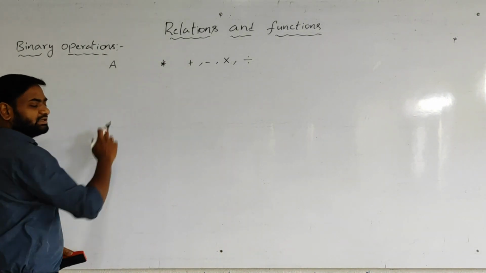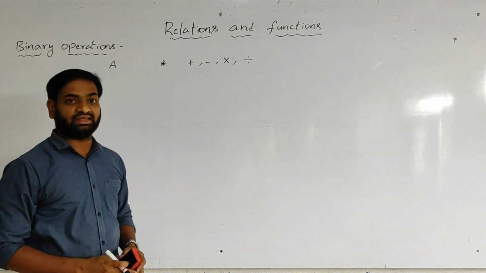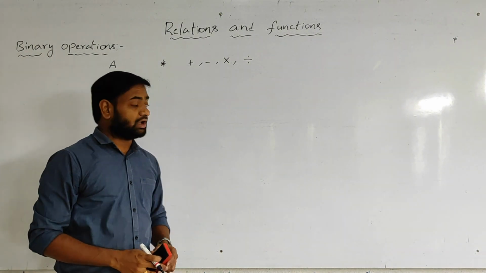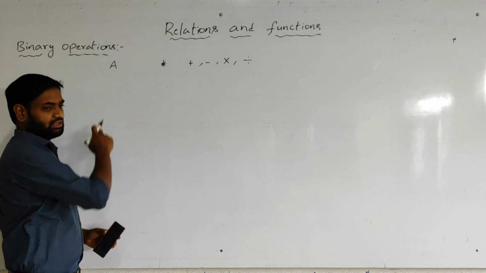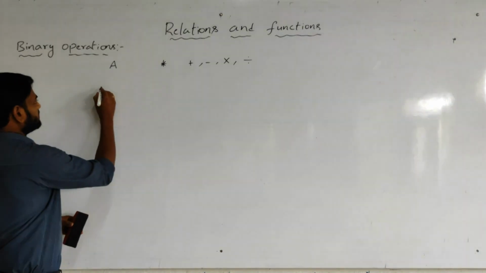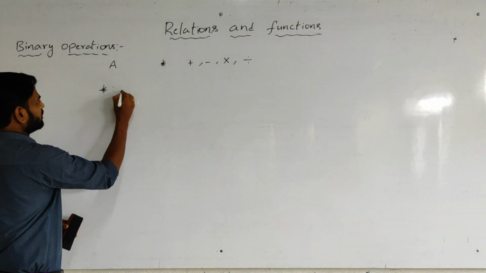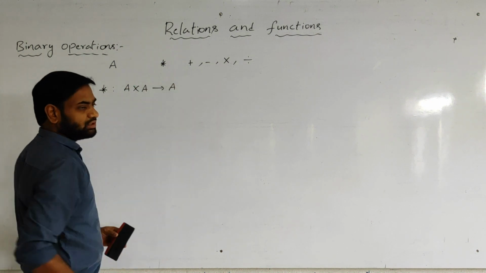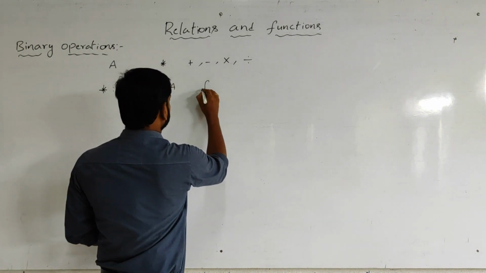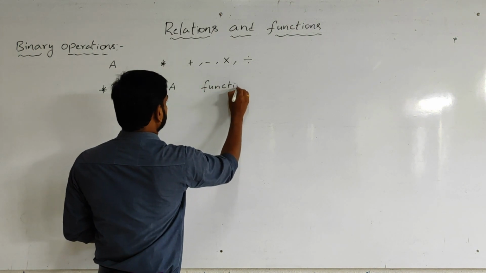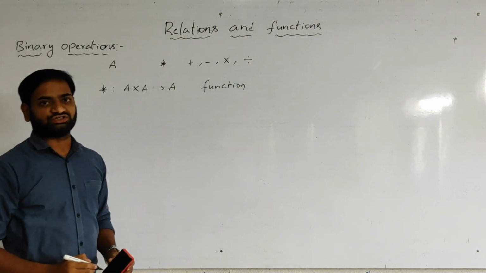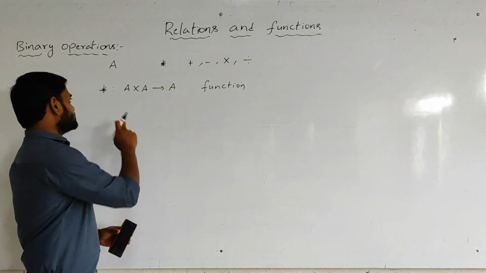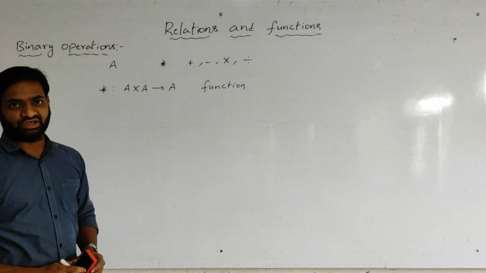Okay. Now, when can we say this star is a binary operation on the set capital A? When star from A cross A to A is a function, then we can say star is a binary operation.